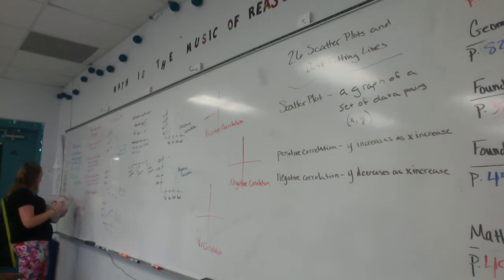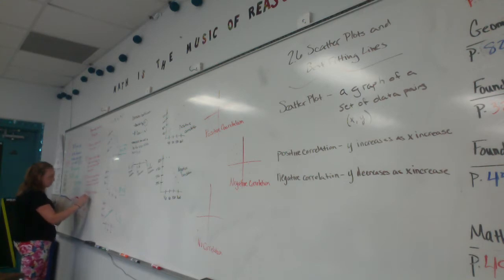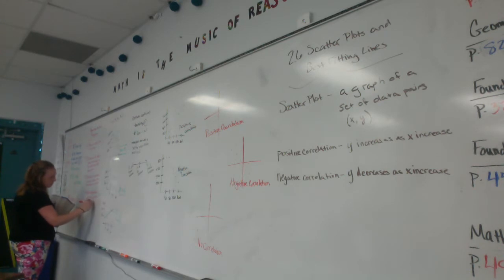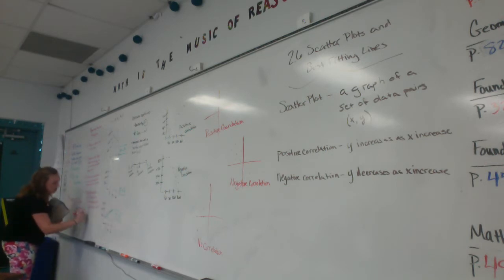Write an equation of the line that passes through the 2 points from step 3. And then this equation is a model for the data.